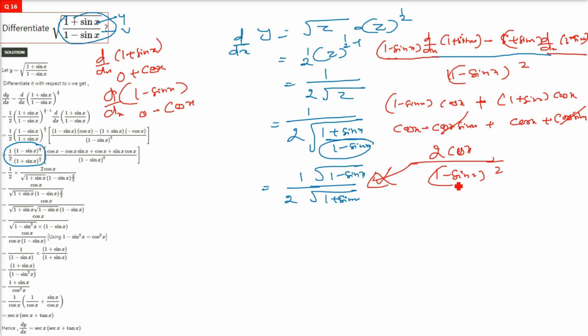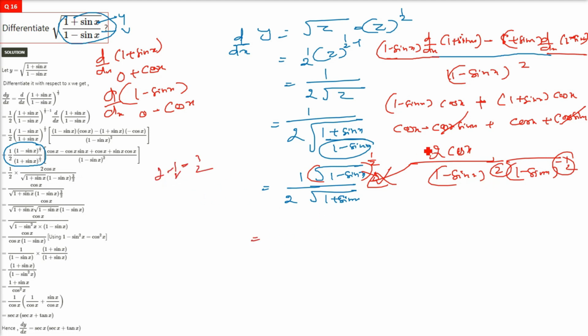First thing is (1 minus sin x) whole square is in the denominator. 2 cos x is in the numerator. So the square root of 1 minus sin x in the numerator is to the power half. I am taking it to the denominator. So 1 minus sin x to the half, when brought down to the denominator, will be minus half.